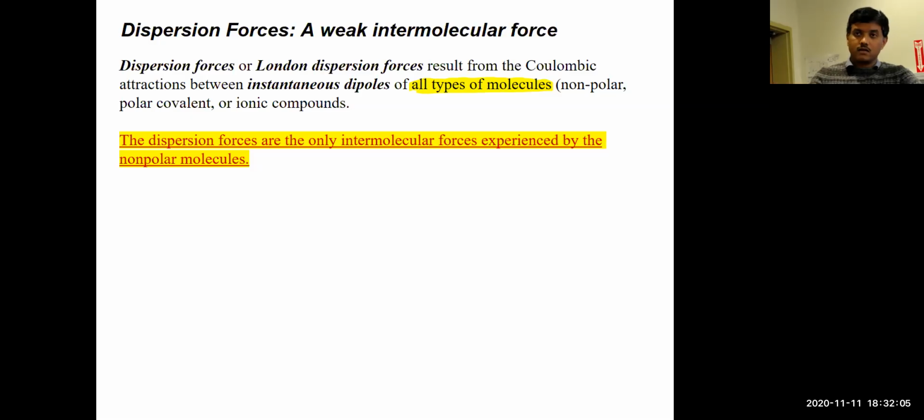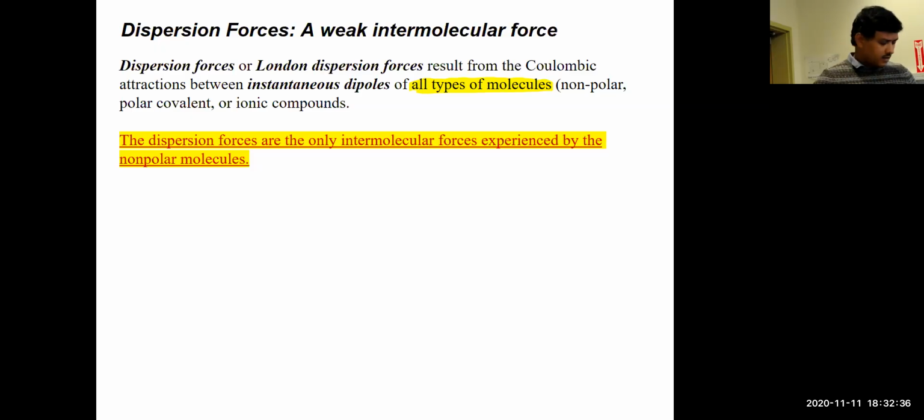Nonpolar molecules with no polar bonds have no polarity in them, so they cannot have these positive and negative dipoles which attract another molecule's positive and negative dipole, and have interactions between them to keep them stable by wrapping one over another. But if you have a nonpolar molecule with no polar bonds, the only type of interaction they can experience is dispersion force.